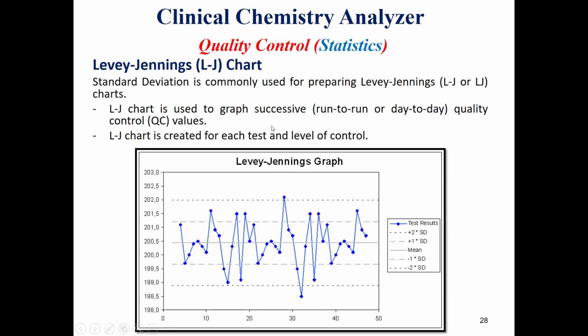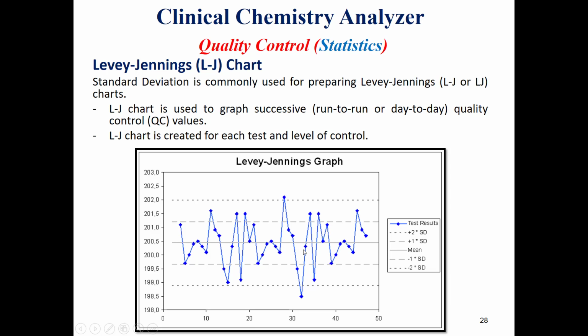Now we'll use the standard deviation and mean in a Levey-Jennings chart in order to determine what type of error we have, whether it's a systematic error or a random error, and we'll talk about this in the next slides. The standard deviation is commonly used for preparing Levey-Jennings charts with the mean.